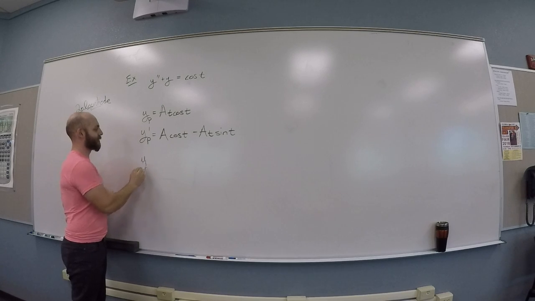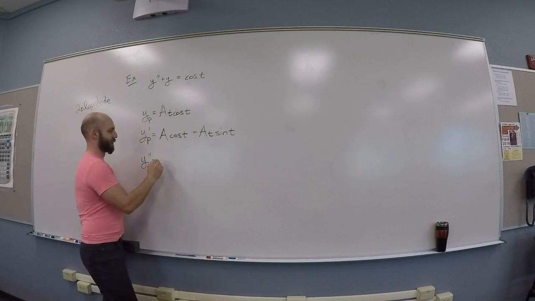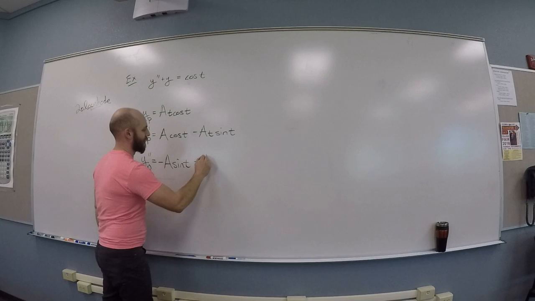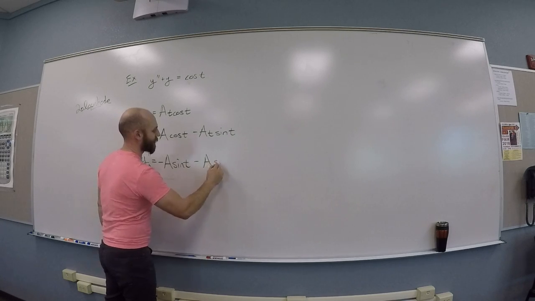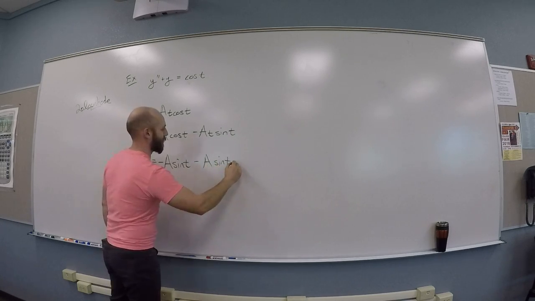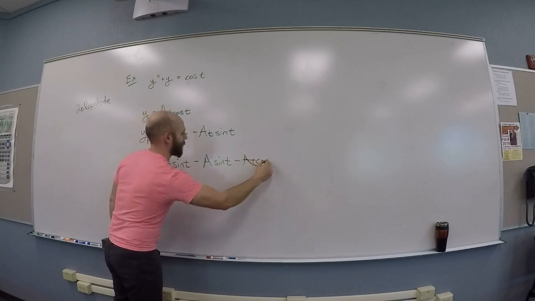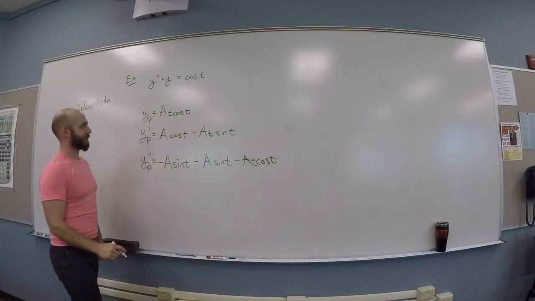I'm going to need my signs. And yp double prime would be negative a sine t, negative a sine t minus a sine t, minus a sine t, minus a t cosine t.